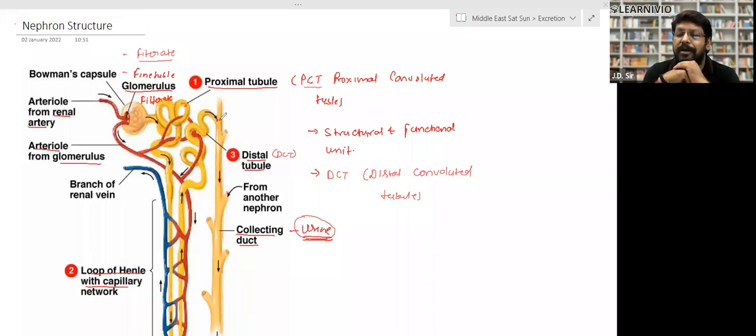Important substances are taken back by the kidney, by the body, from filtrate by the absorption process.